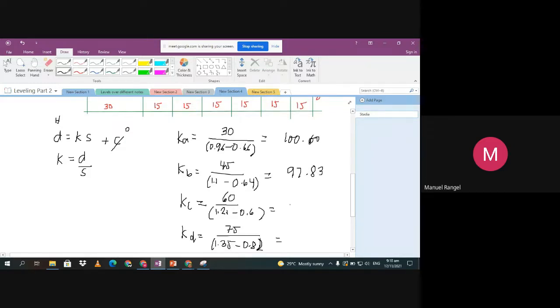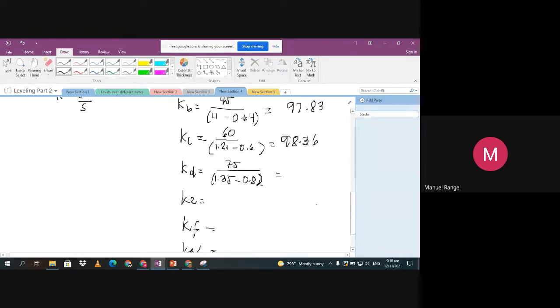KC is 98.36. KD is 91.47. KA, KB, KC. KD is 136.7.